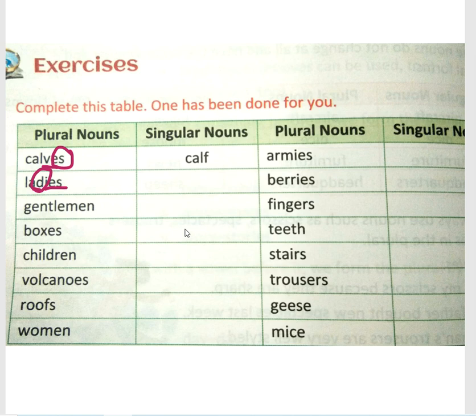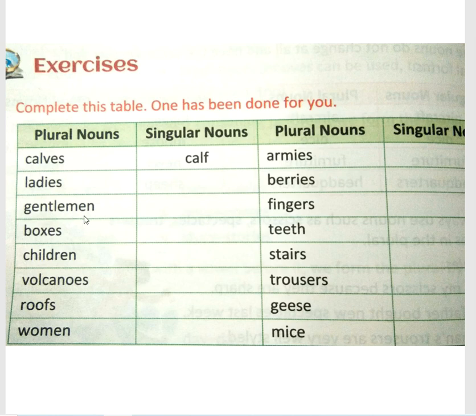Then we change that Y into IES. You remember this rule? So in ladies, the IES you can consider as Y in the singular form and there is a consonant before Y. That is why it has become IES in the plural form. So what will be the singular noun? It will be lady.